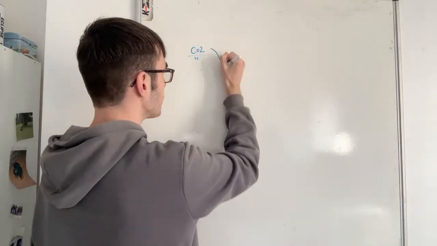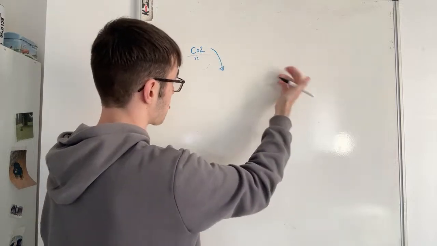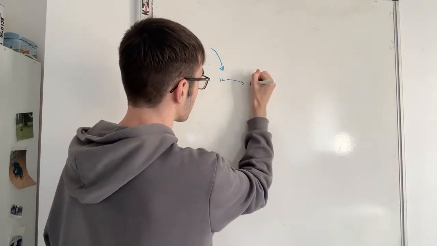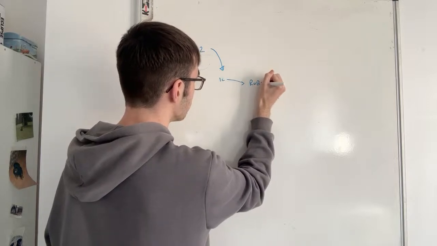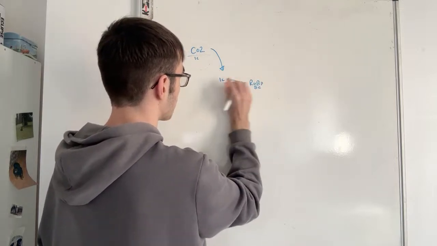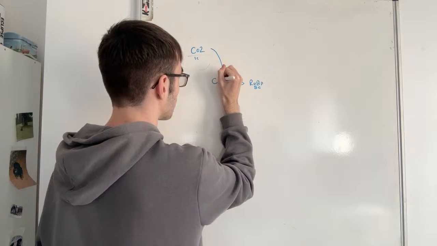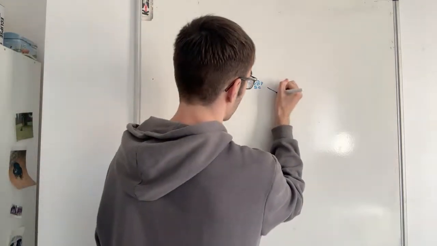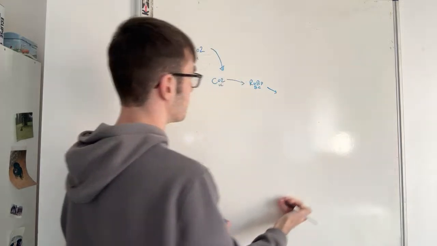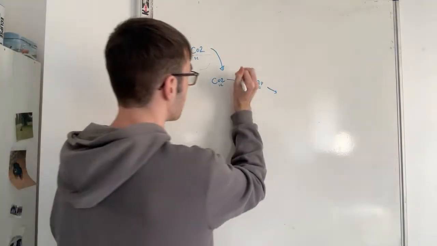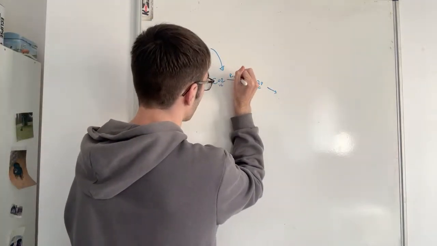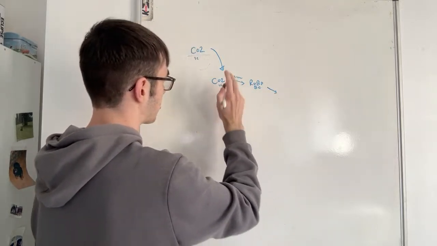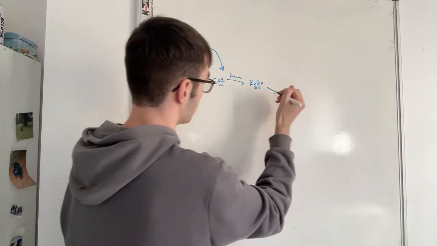So our CO2 goes into the cycle as a 1 carbon compound. It then combines with RuBP, which is a 5 carbon compound. So together, they become a 6 carbon compound, but this is catalyzed by rubisco, which is an enzyme. So rubisco catalyzes the reaction between CO2 and RuBP.